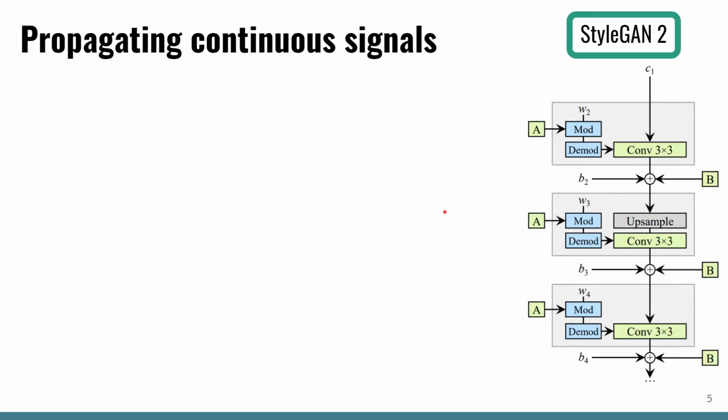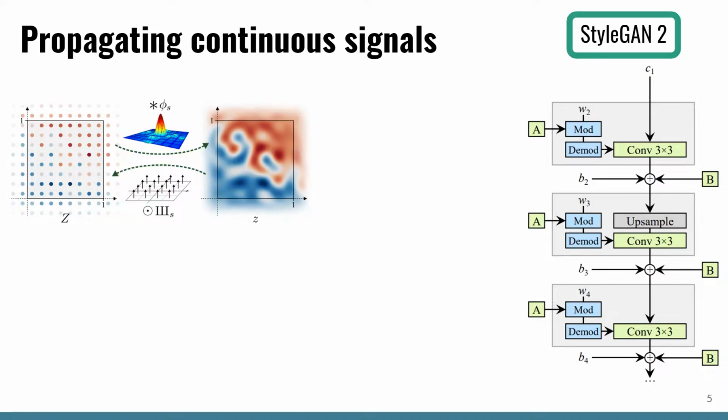So if it does contain such information, it can only be because there was a signal processing mistake performed at some point. And this hypothesis will turn out to be true, because as we will see, when we get rid of this aliasing problem in the generator architecture, this problem of texture sticking will disappear. So let's have a look.